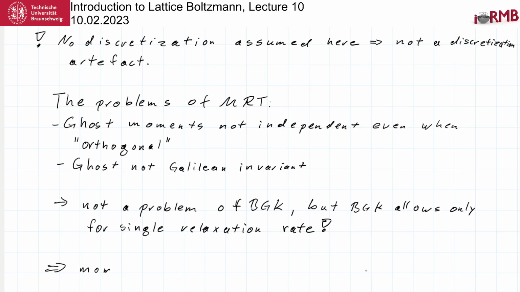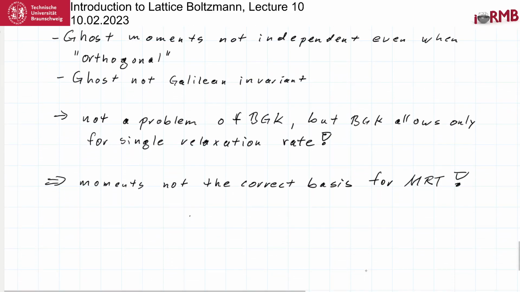Maybe the idea is that the moments are not the correct basis for MRT, because we are absolutely able to build an MRT with different relaxation rates, where we don't have the combination of the different moments and where we don't have any violation of Galilean invariance, and this is done by using cumulants instead of moments. And this leads us to the cumulant method.